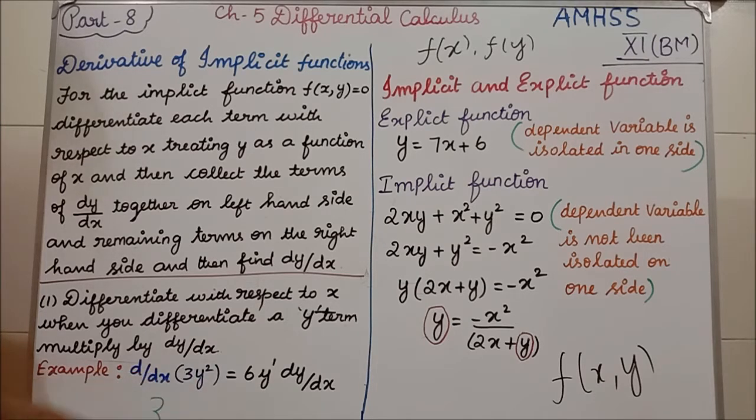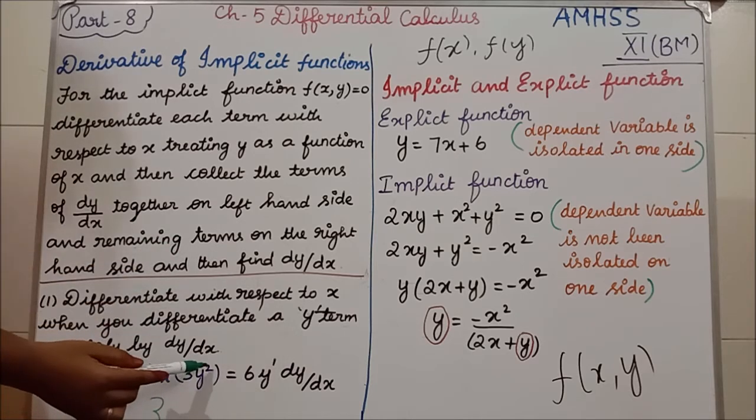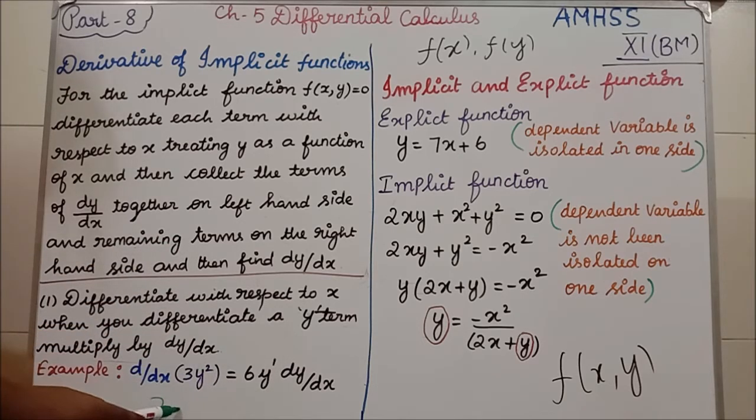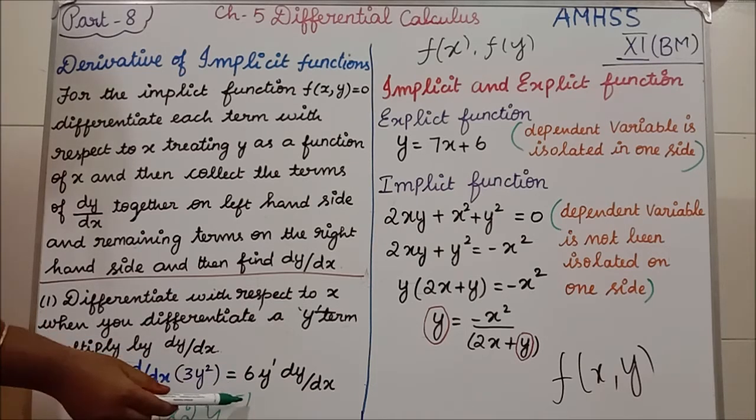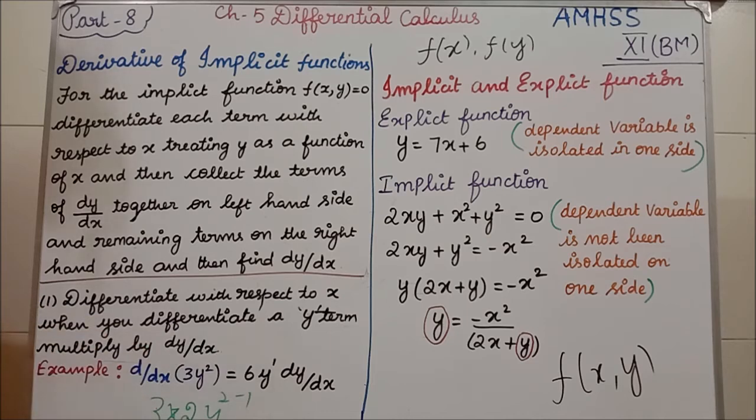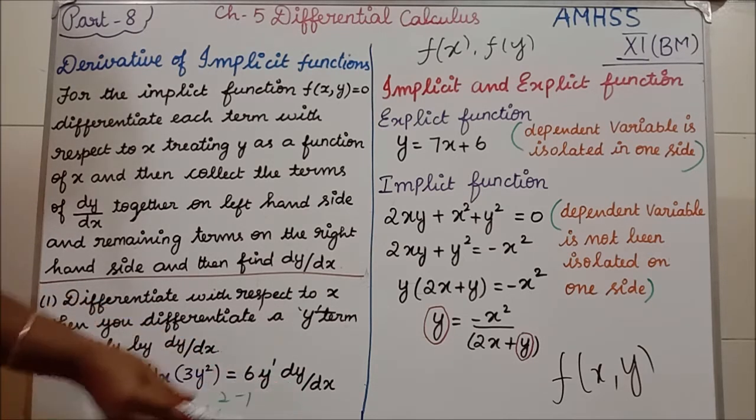This y square, if you differentiate, what will we get? This 2 will come down, 2 y power 2 minus 1 we will have. So 3 into 2 is 6, and y power 2 minus 1 is y power 1. Again we have to write in the bracket dy by dx.